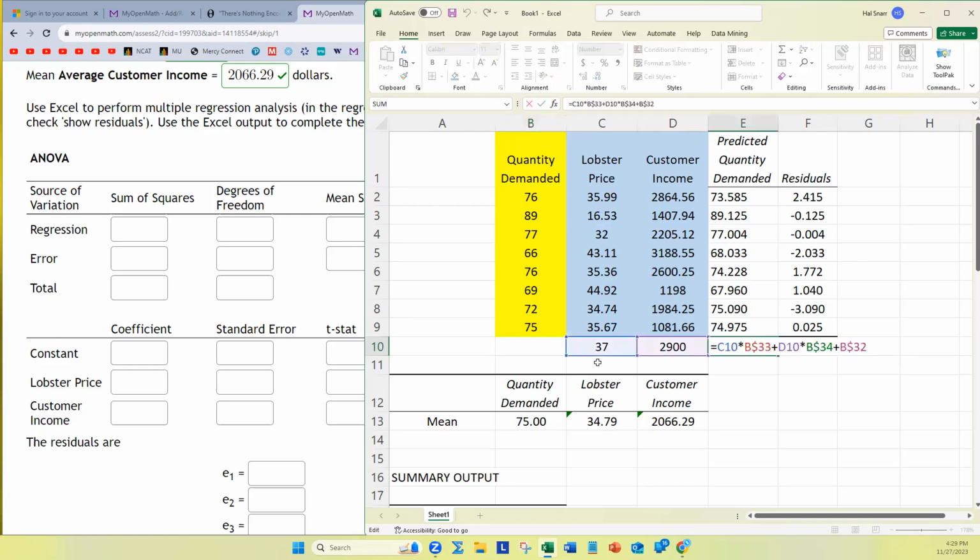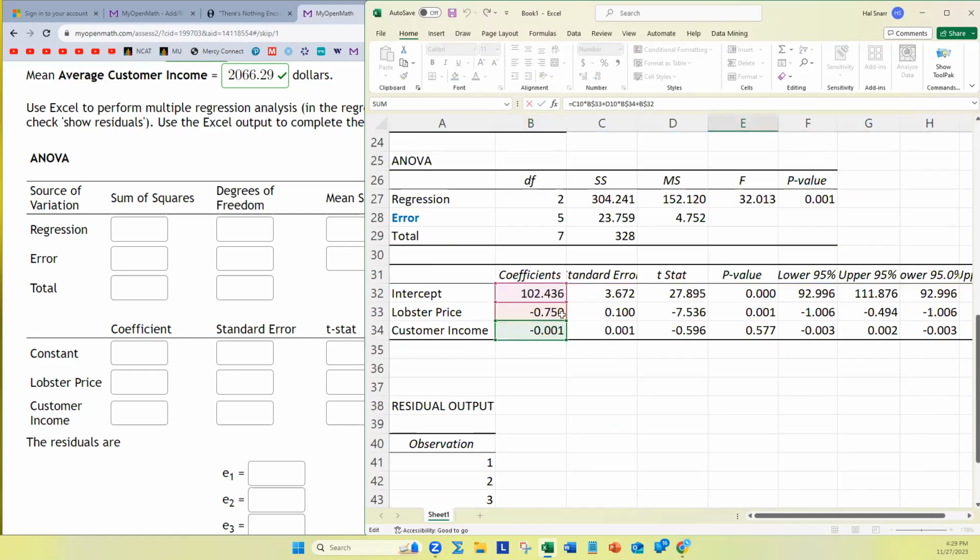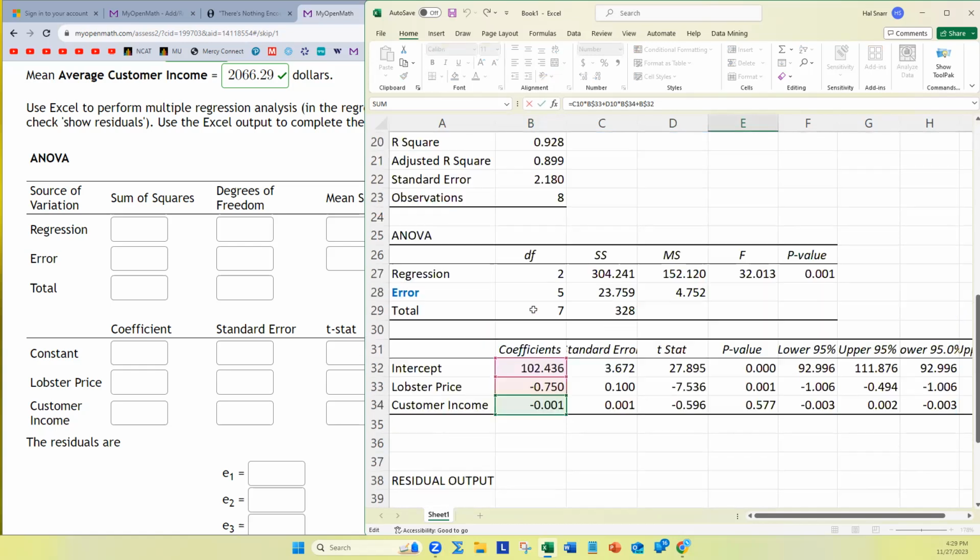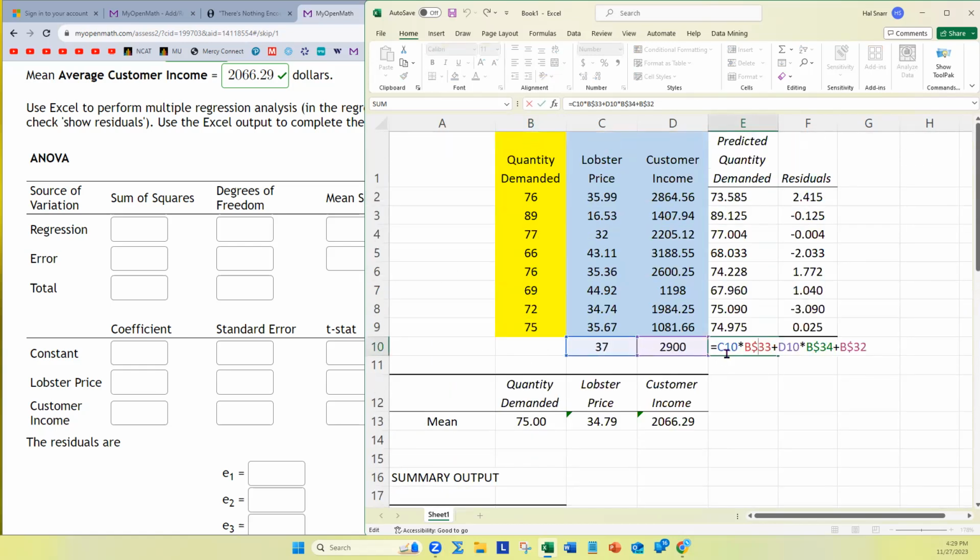But I can use this model to make a prediction about what I expect quantity demanded of lobster to be if my lobster price is $37 and my customer income is $2,900, right? You see that? This is a prediction.